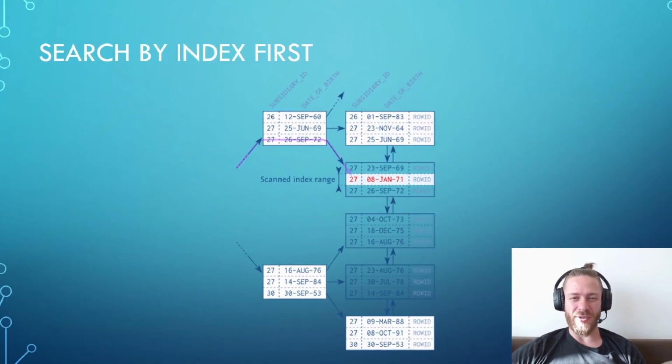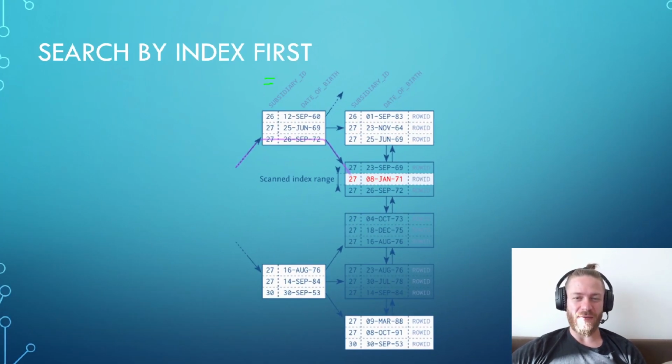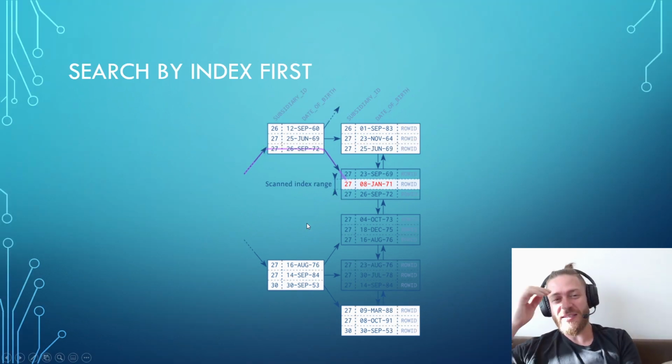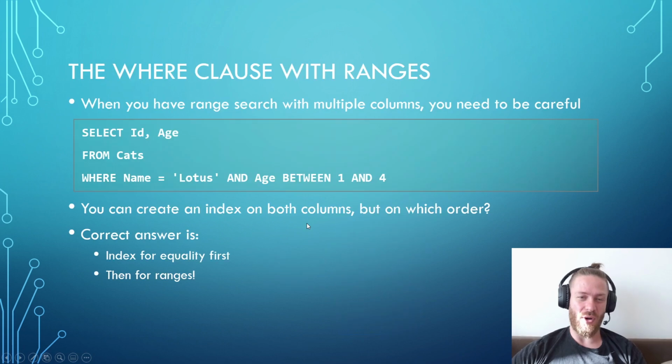If we switch the order and first have the equality, we will have a smaller index range to scan, because the range will be a lot smaller when we first consider the equality. So that's important to optimize the queries.